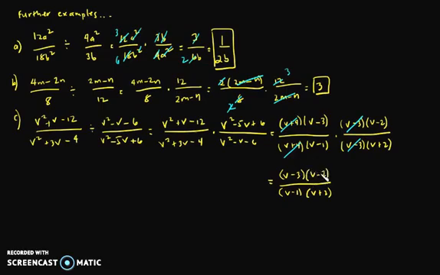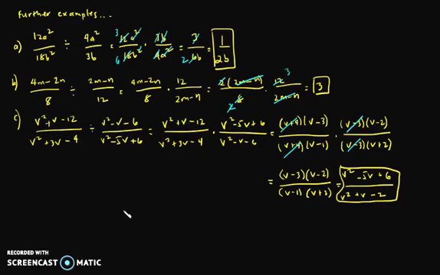Or you can expand these expressions, which will give you b squared minus 2b minus 3b, so minus 5b plus 6 all over b squared plus 2b minus b, so plus b, minus 2. This will be your final answer.